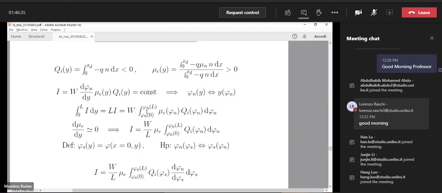Qualitatively, you can think that at some position of the channel, the normal component of the electric field is equal to the voltage drop across the oxide divided by the thickness of the insulator. This gives you the field in the insulator.